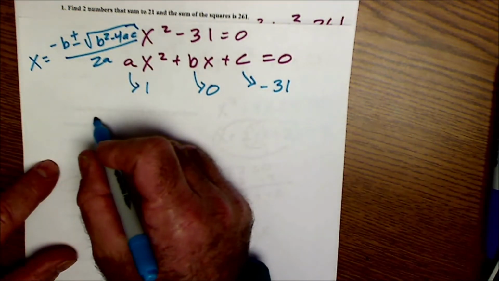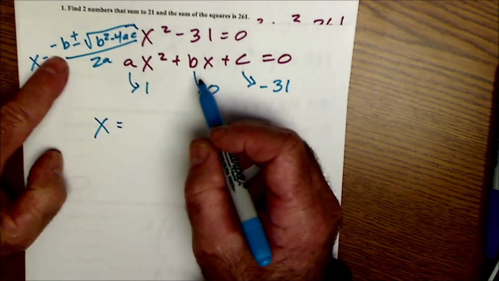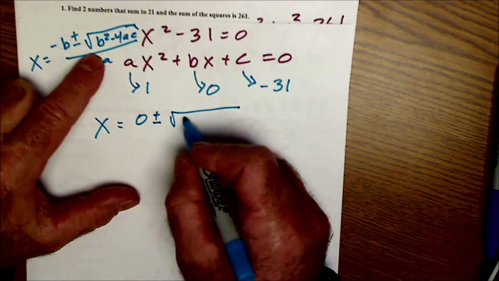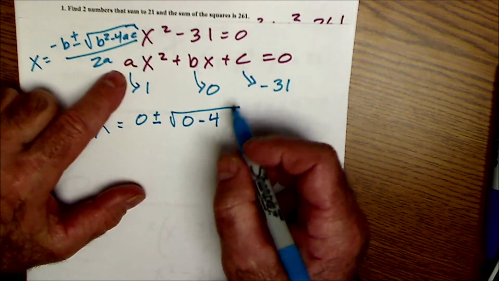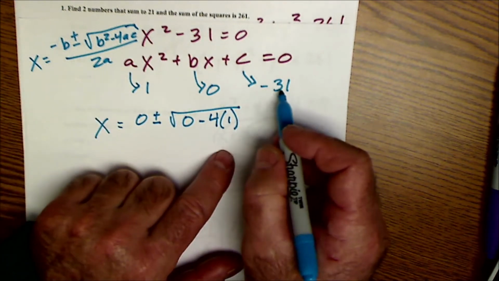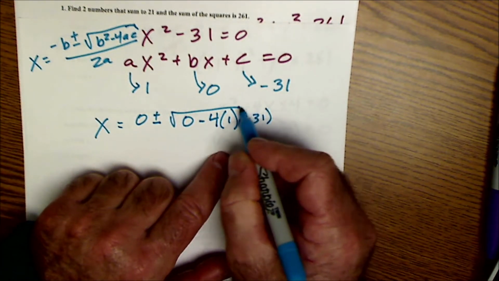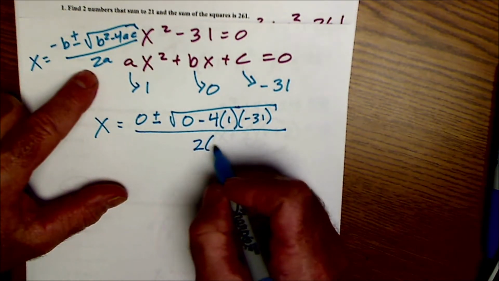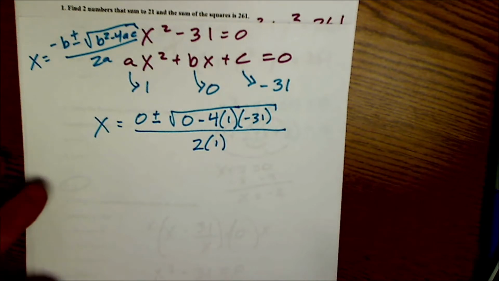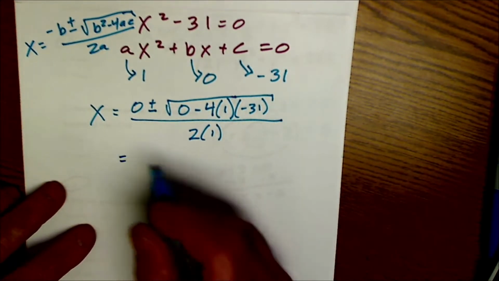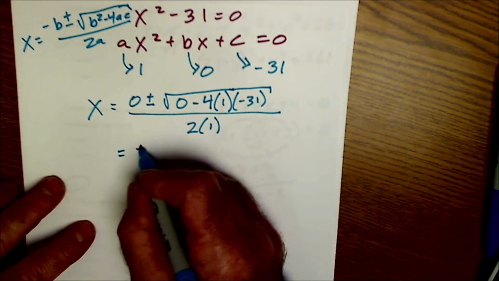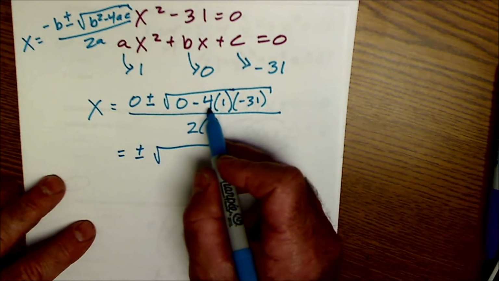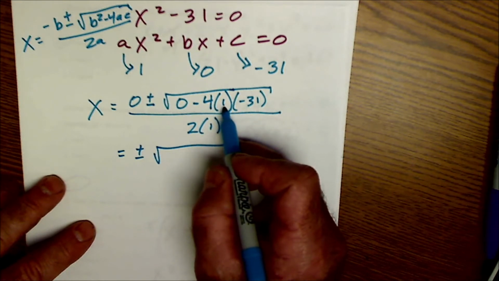So that means x here is going to equal negative b, well that's 0, plus or minus the square root of b squared, 0, minus 4 times a times c, all divided by 2a, 2 times 1. So that's going to be equal to 0, or just plus or minus the square root of 0 minus 4 times 1, which is negative 4.